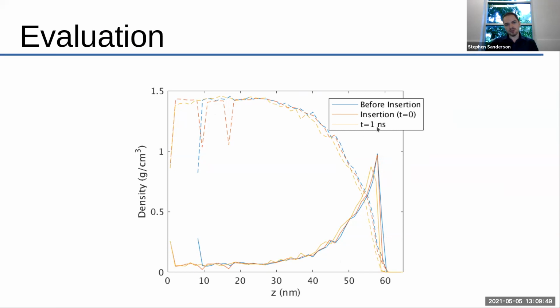But if we run it for just 1 nanosecond, there's no sign in the density profile that this insertion event has occurred. We do see the peak has come down a bit from more solvent molecules coming off, but essentially the system has forgotten that we've inserted extra molecules. So that means that we can build up a thicker layer without having to start from a huge initial system.